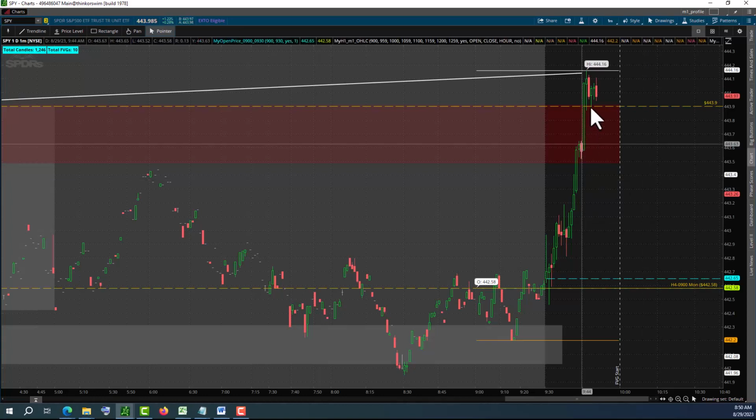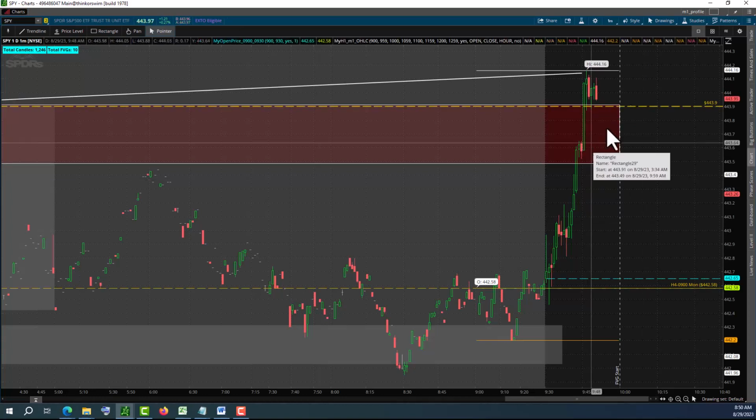So you see the fair value gap right here. Let's see if we test the fair value gap and can go up.